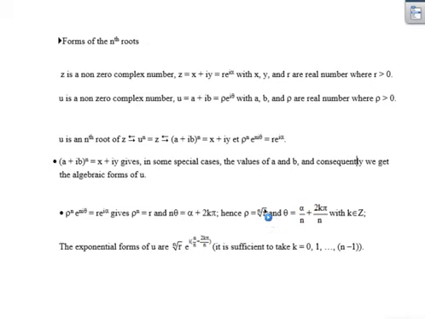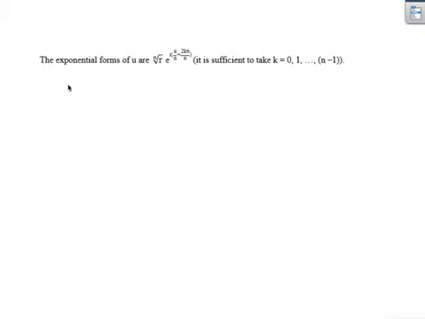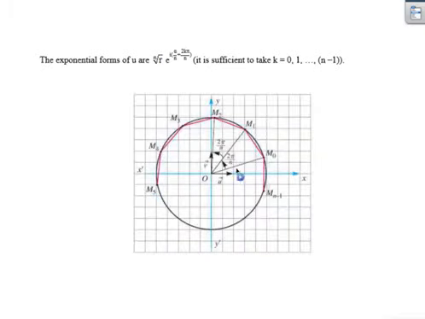We replace them in the exponential form of u. We draw radical r of index n, we put it here, and theta we put it here to get this exponential form. So here, when we replace it, we have to replace k by the values 0, 1, 2, and so on to get the roots m0, m1, m2, and so on.